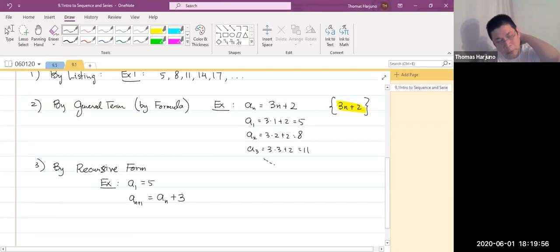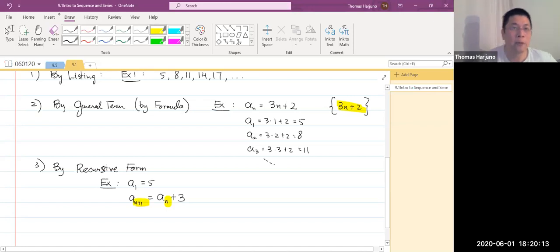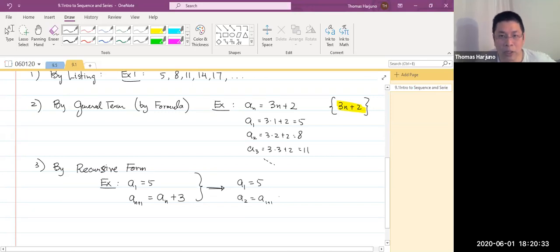So a recursive form for a sequence is given by a formula in which, for us to get the next term, we need to get the previous term. To get the next term, we need to use the previous term. So using this recursively, we see the first term is 5. The second term, which is a sub 1 plus 1, means n equals 1, is a sub 1 plus 3. That's 5 plus 3.